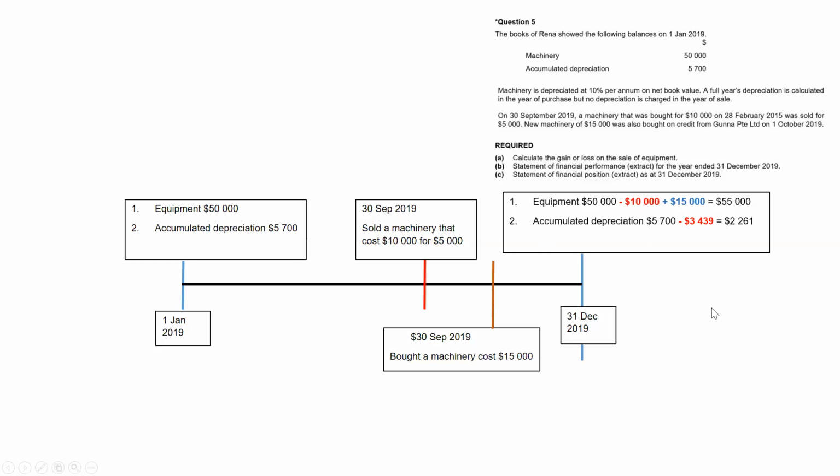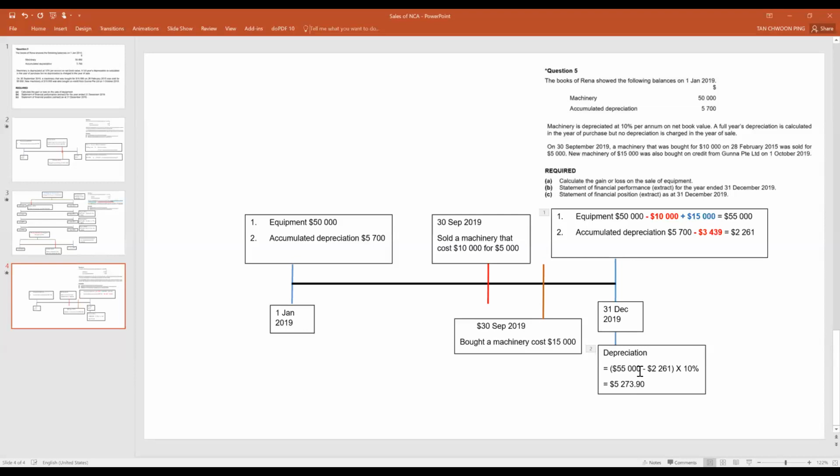So once you are able to do that, you can now calculate your depreciation by taking the cost price, which is 55,000 minus 2261. How to get this 2261? This is your remaining accumulated depreciation after we remove the one that we sold.